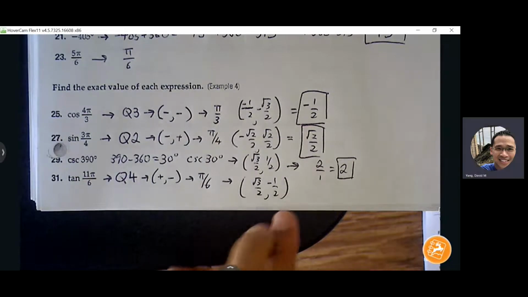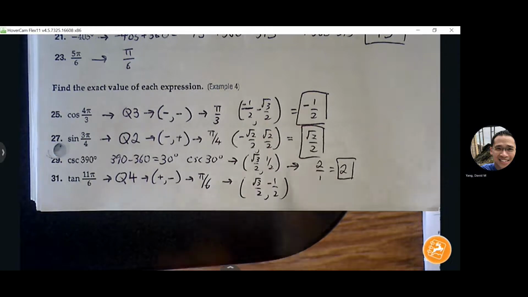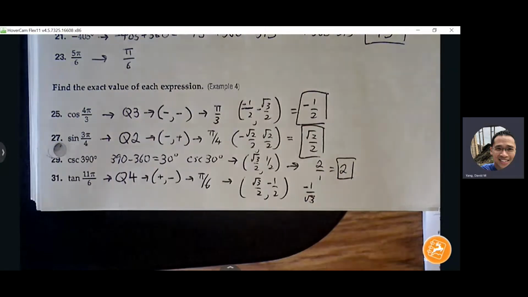Tangent is y over x, cover up the denominator, negative 1 over √3. Let's rationalize that.